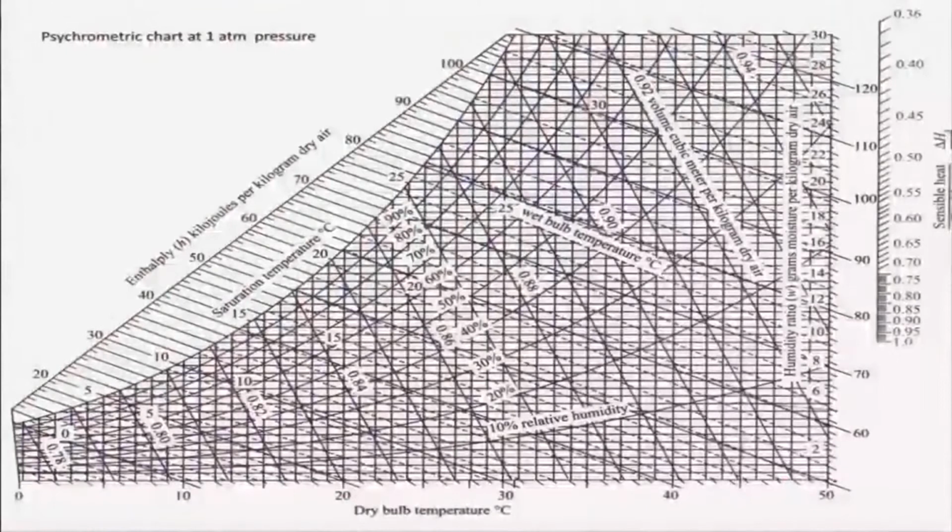And this line basically gives me the specific humidity, right? There will be 4, 6, 8, 10, 12, like all those things. That is grams of moisture per kg of dry air. This is in grams, right? Okay? Are you getting it? These are like 2 gram, 4 gram, 6 gram, 30 grams like that.